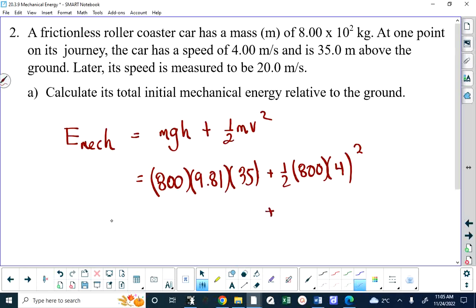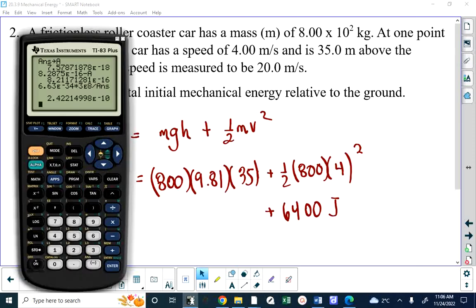Let's calculate both of these separately. I think it's 6,400 joules of kinetic. 35 times 9.81 multiplied by 800 is 274,680.